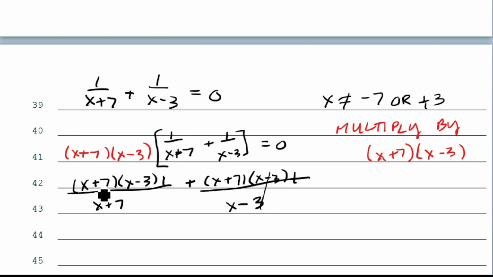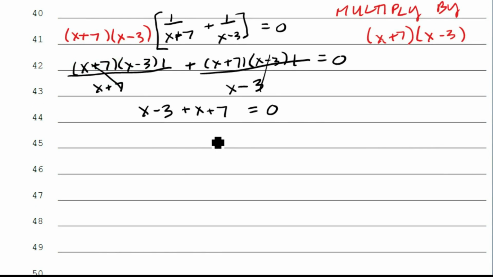These are gone. These are gone. You're left with x minus 3 plus x plus 7 equals 0. And then simplify. 2x plus 4 equals 0.